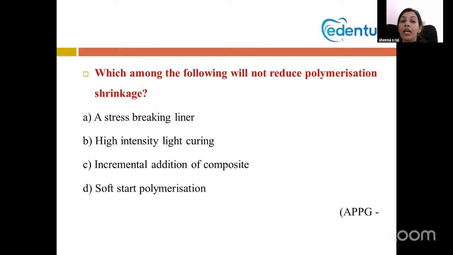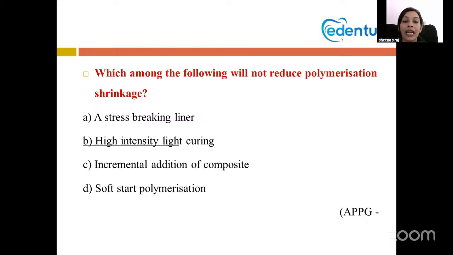Next question: which among the following will not reduce polymerization shrinkage? As I told, polymerization shrinkage is shrinkage of the composite taking place. So we have to give the composite in increments, and if we give some stress-bearing liners in between, it also reduces the shrinkage. Soft start polymerization means the intensity of the curing light is controlled.